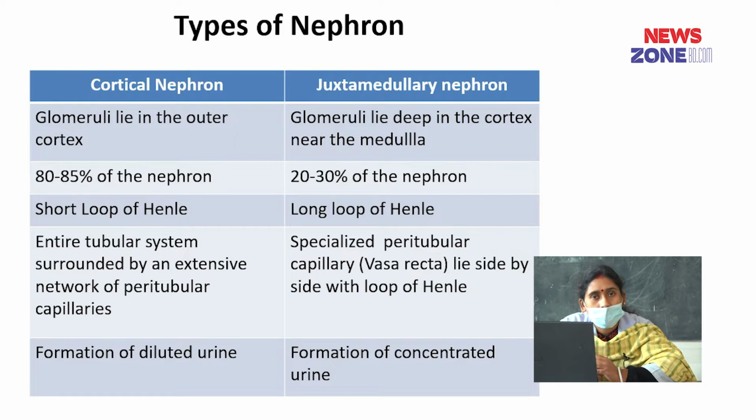In case of cortical nephron, the loop of Henle is short and in juxtamedullary nephron the loop of Henle is long, and the blood supply of the cortical nephron is peritubular capillary and the blood supply of the juxtamedullary nephron is vasa recta. And the function of the cortical nephron is formation of diluted urine, and the function of the juxtamedullary nephron is formation of concentrated urine.